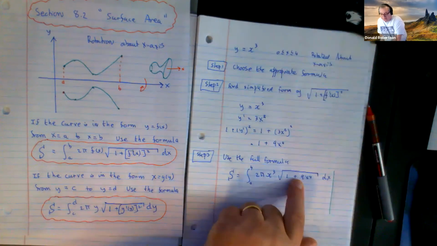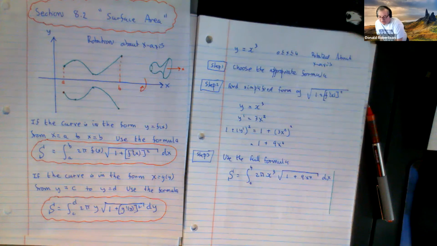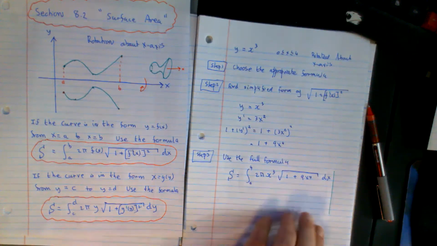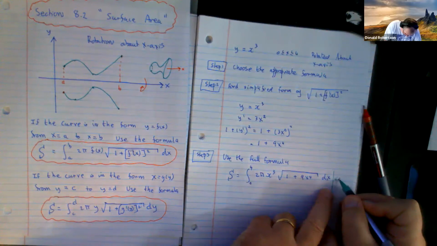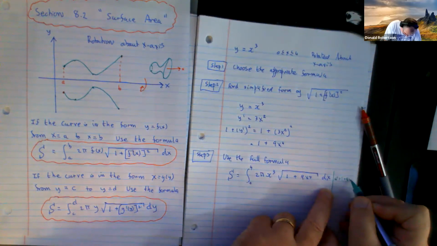Look at that guy. What technique will I use to integrate 2 pi x cubed, the square root of 1 plus 9x to the 4? U sub? Correct. Would you agree the u sub is the guy inside the square root?